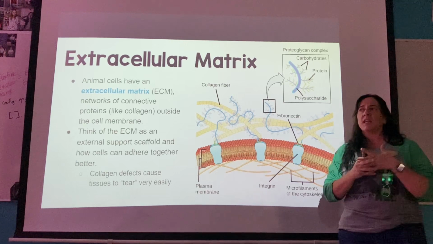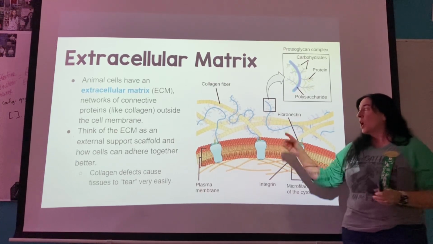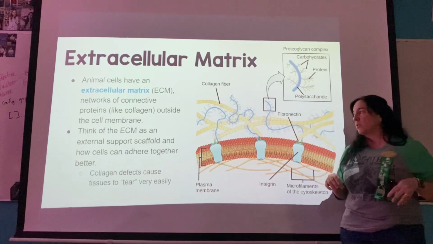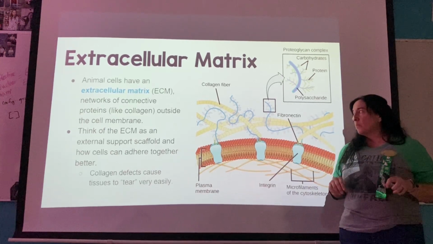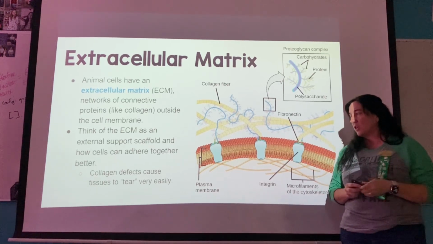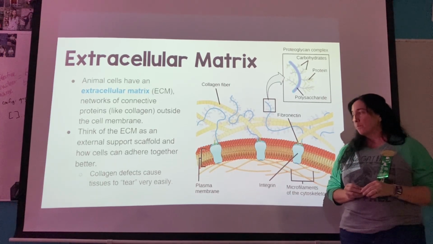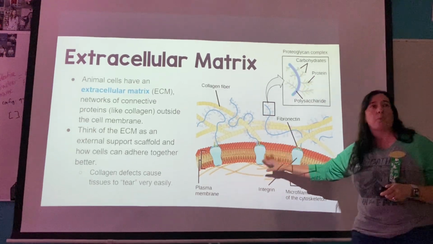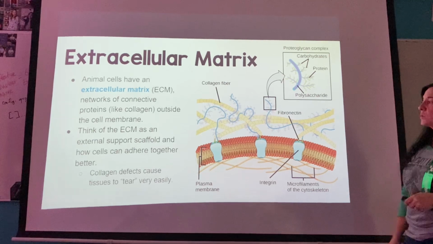That's when we start to see a lot more of the aging going on. We need to have this extracellular matrix right here for our cells to be able to hold on and adhere. Once this starts to go away, that's when we see more of that aging appear. Anyway, the cells just can't support themselves as well.